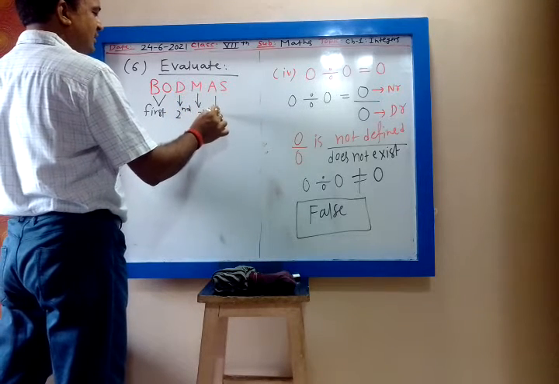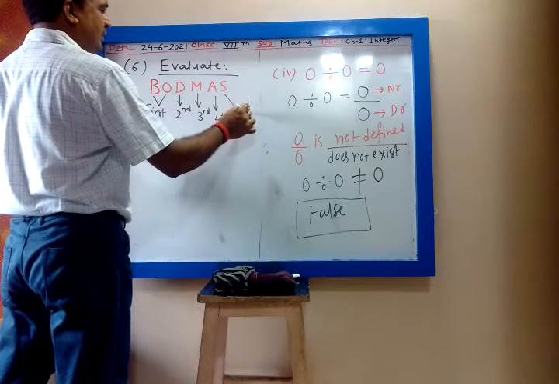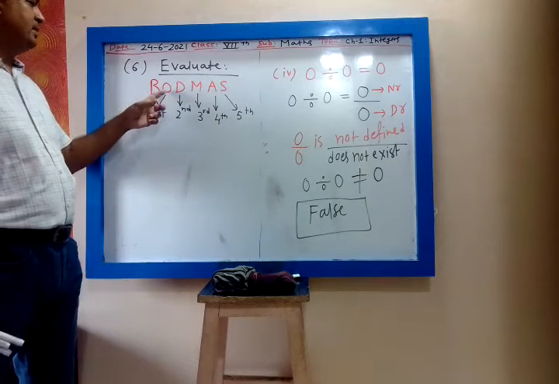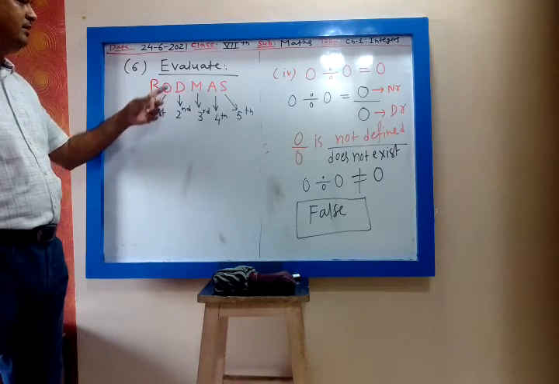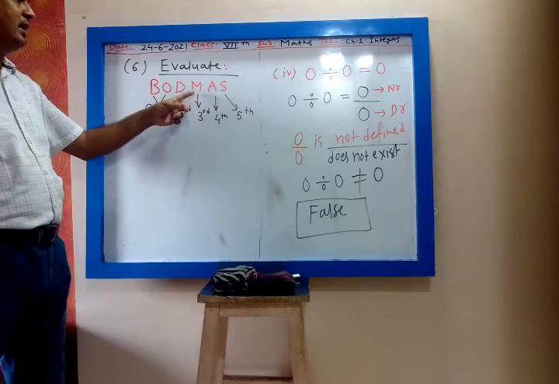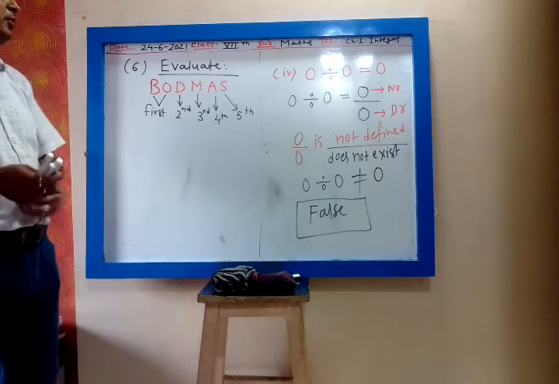Fourth is addition. And fifth is subtraction. So in this order you have to solve. In BODMAS, first you have to open the bracket. Then after opening the bracket, you have to perform the division if it is there. After division, multiplication. After multiplication, addition. After addition, we have subtraction. BODMAS.